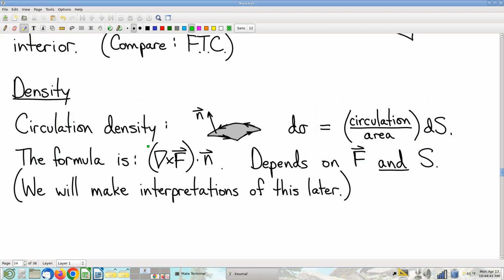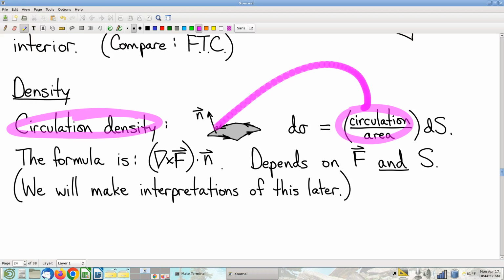Okay. All right, so now again, I'm going to skip the details. We've got this thing called circulation density, an abstract concept that I've defined here, and how to compute it. It turns out that this is the formula for it. Again, don't worry about those details. We can write stuff down.